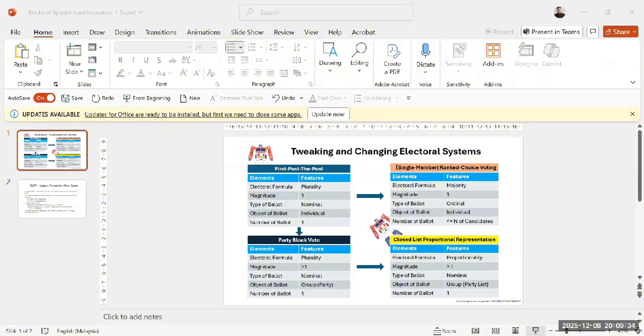Now, let's say Party A, the winner, gets three seats out of five, and Party B, the loser, gets two out of five. So you get three from the winning one, the one who got 51%, and two from the losing team. Out of the winning team, there are five candidates.